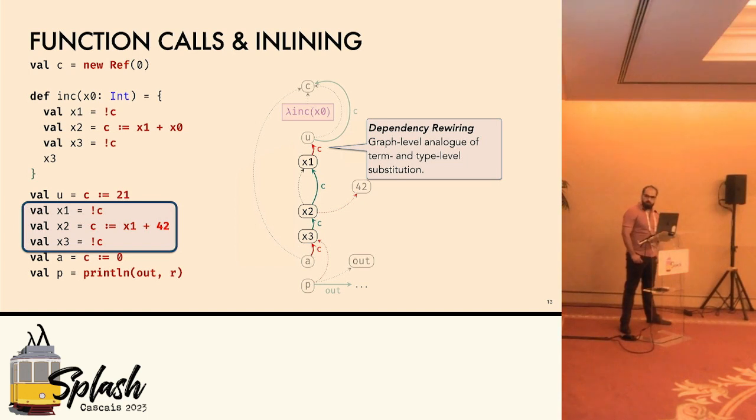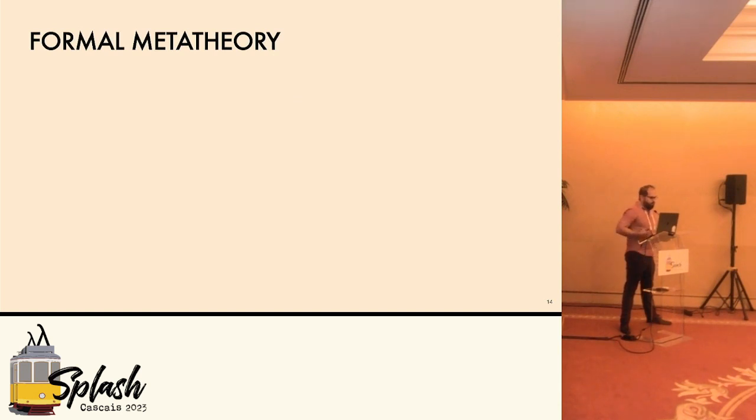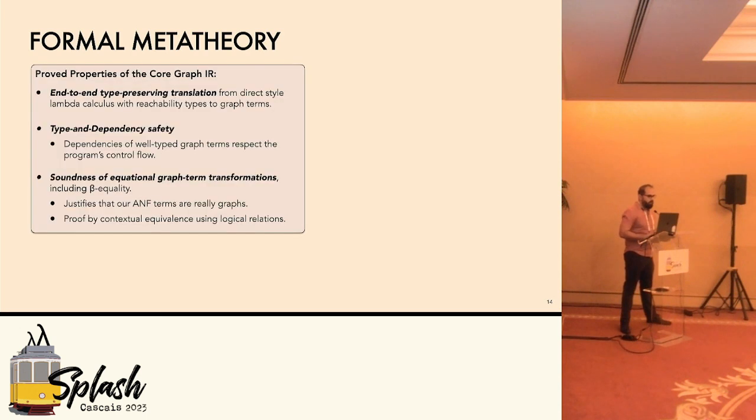And the high-level idea is that since we have a dependency type system and type and term level substitution, this is also mirrored into a notion of substitution at the dependency edge level, and the formal details are in the paper.